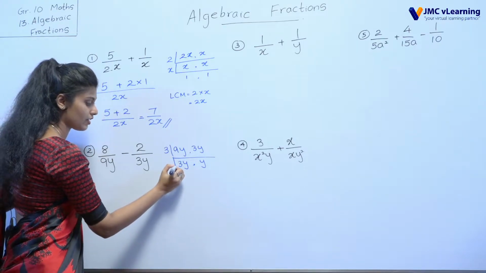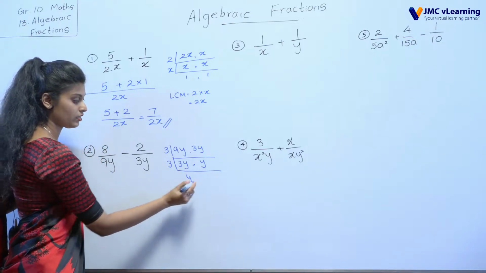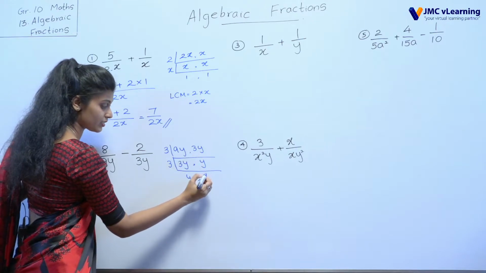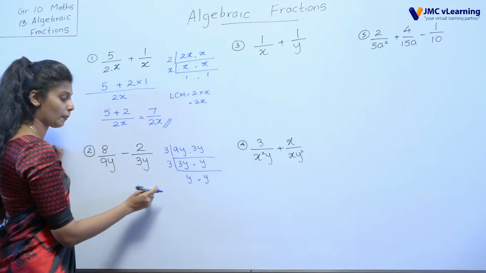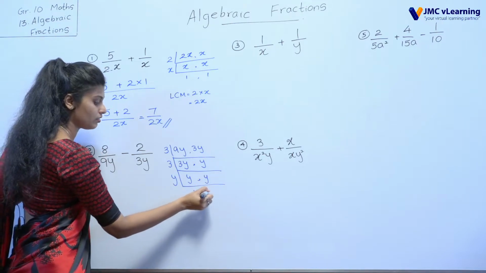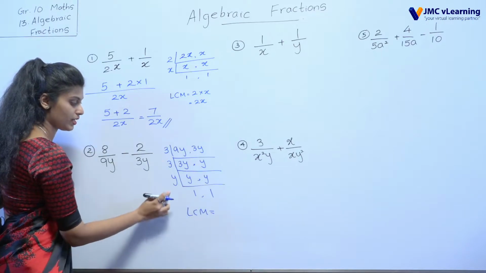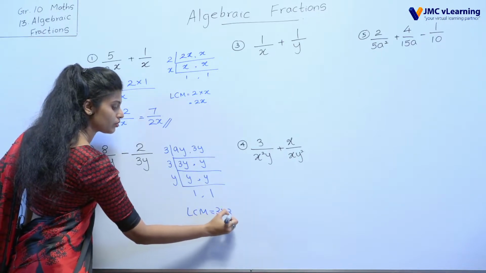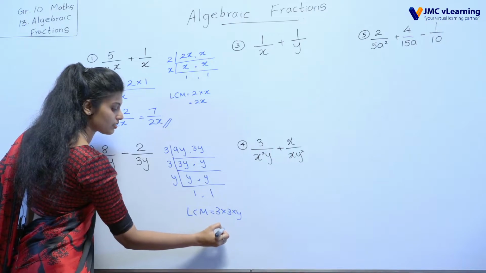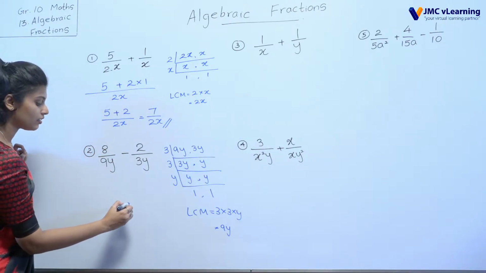Then again let's divide by 3. Here y is left, we can't divide this one by 3, so put y. Now divide by y, left 1, 1. Then LCM is equal to, multiplying all this, 3 into 3 into y, the answer is 9y. Take the equal denominator as 9y.